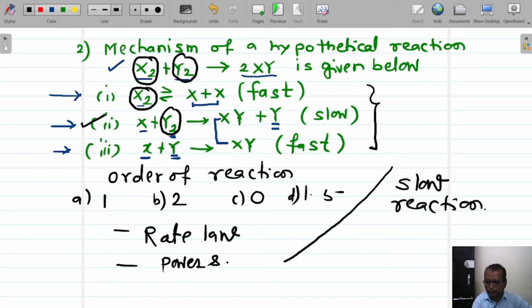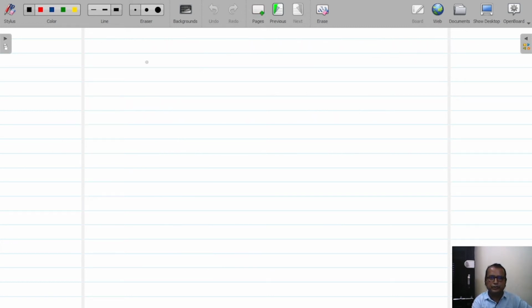Rate is equal to, we can now write the rate law on the next page. Rate R is equal to K1 into concentration of X into concentration of Y2.